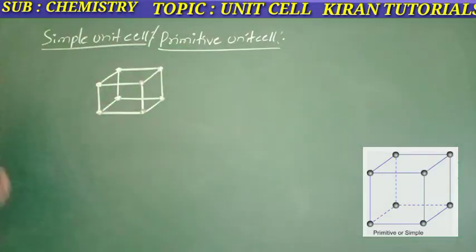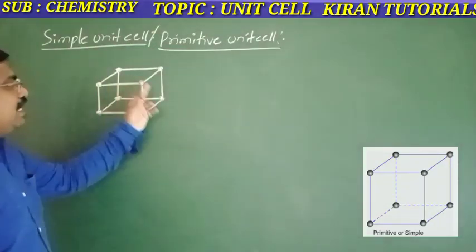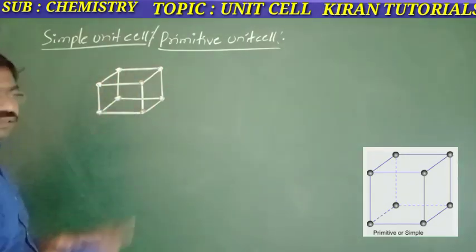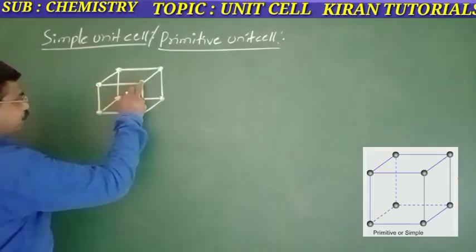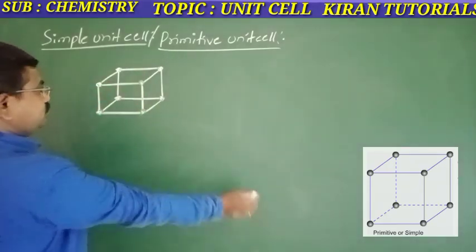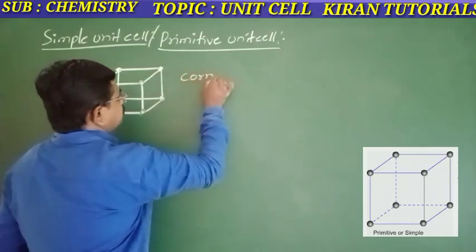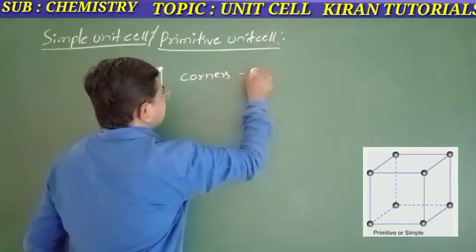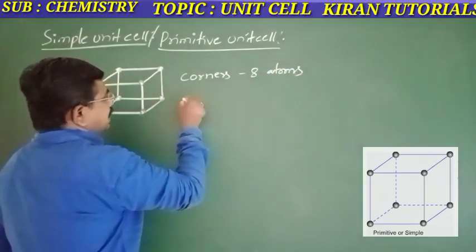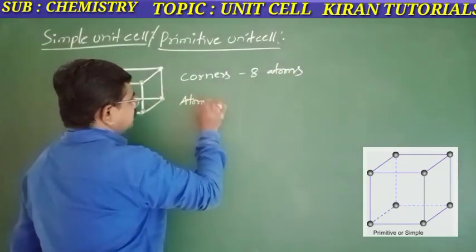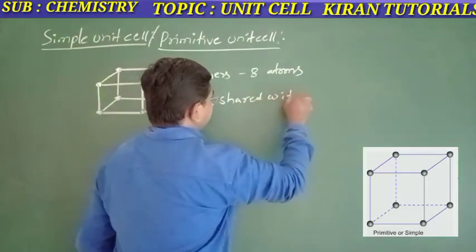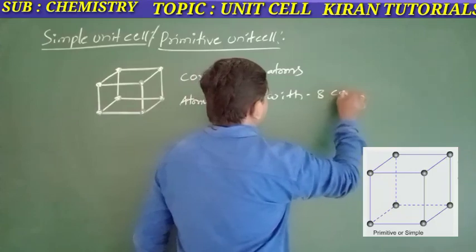See, how many atoms are present here? In total 8: 1, 2, 3, 4, 5, 6, 7, 8. At the corners 8 atoms are present, and each atom is shared with 8 corners.